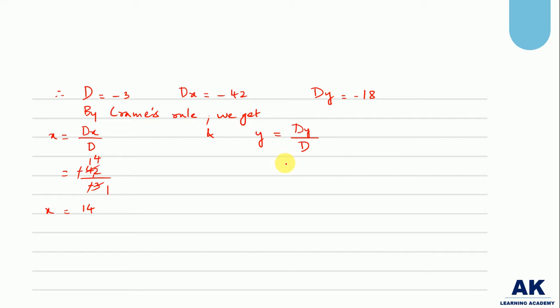And y is equal to Dy upon D. What is Dy? Dy is minus 18, and D is minus 3. So minus minus get cancelled. 3 ones are 3, 3 sixes are 18, right? Therefore y is equal to 6. x is equal to 14 centimeter, and y is equal to 6 centimeter, right?